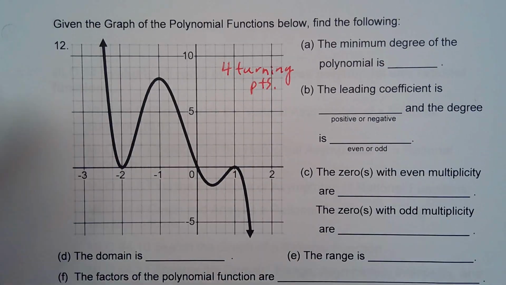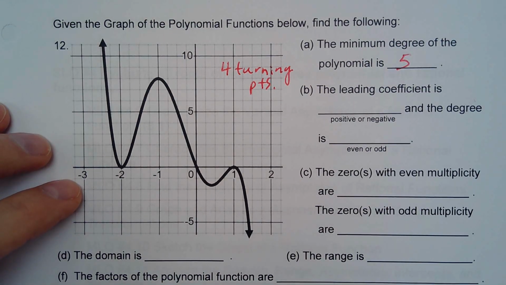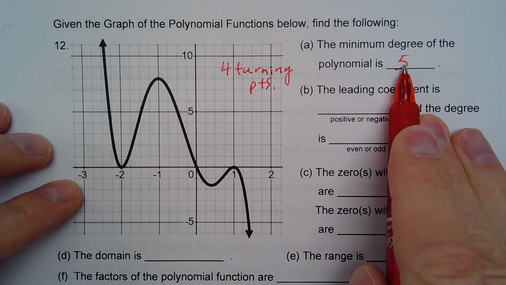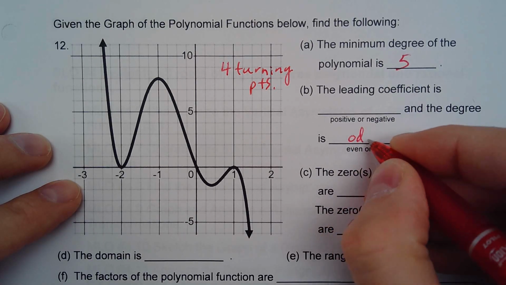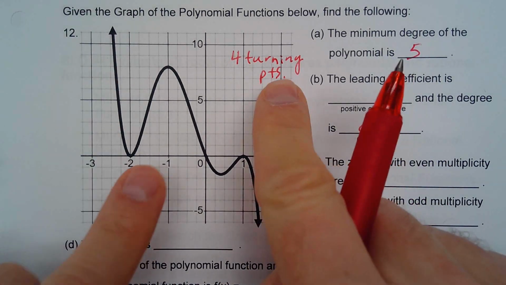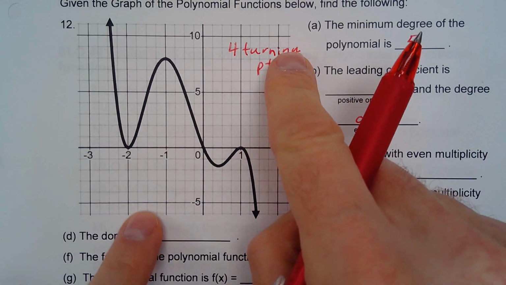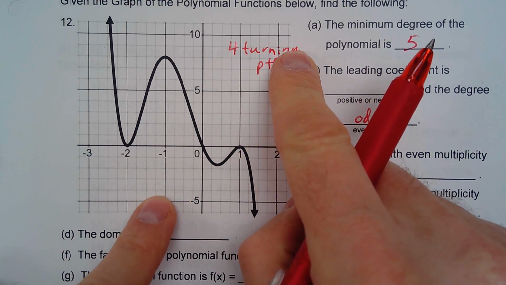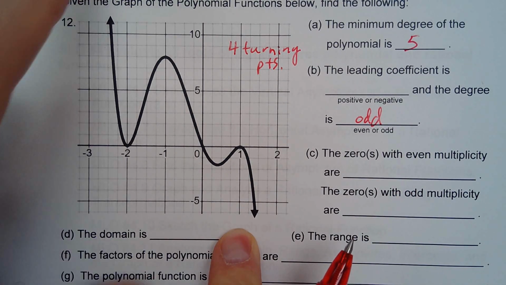Which means my minimum degree has to be one more than that. So that's 5. Which tells me that the degree is going to be odd. Now think of my x cubed function. My ends go like this on my x cubed function. But this has been flipped upside down. That tells me that the coefficient has to be negative.